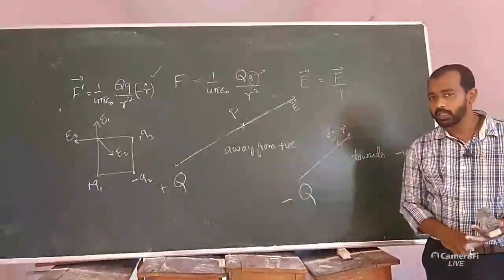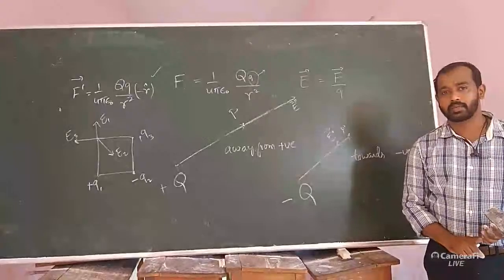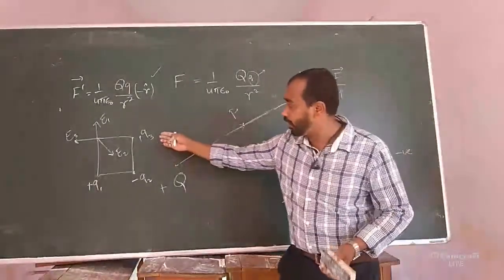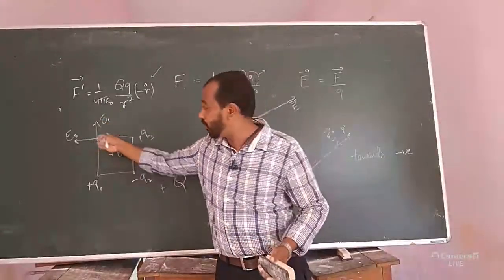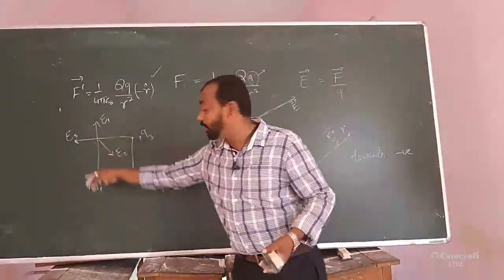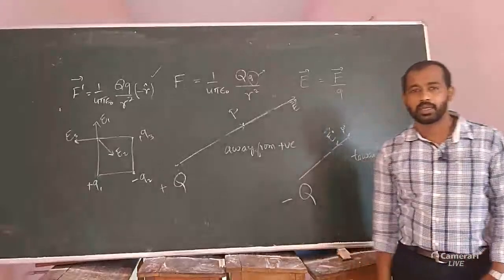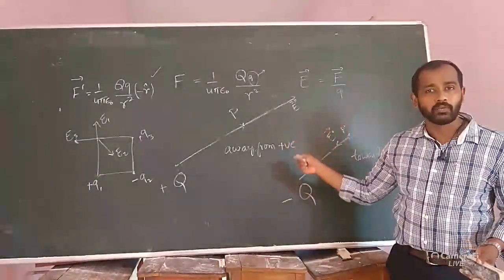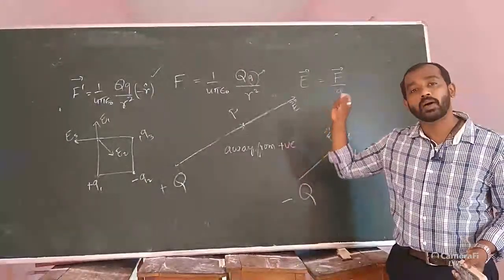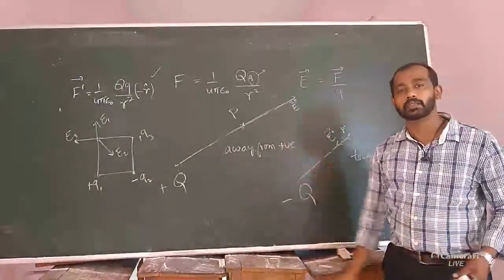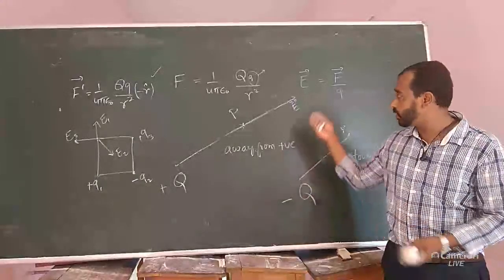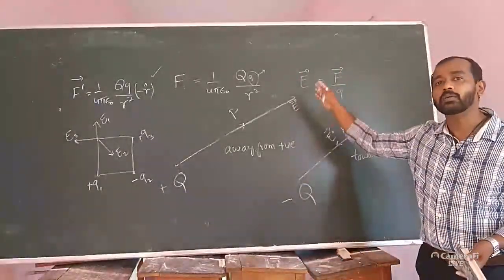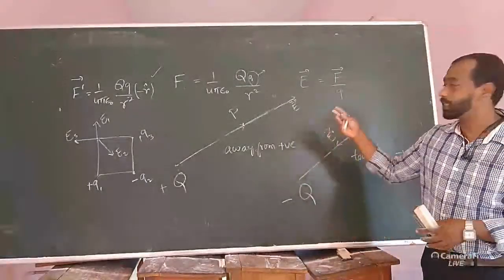So there is one more concept which should be discussed. I think we will discuss it in later classes, where we are going to find the actual value of the electric field at this particular point due to the system of charges. Remember that it is very easy. Once you have discussed the expression for the force on a charge due to multiple charges, the same derivation is also used for the electric field at a point due to multiple or system of charges.